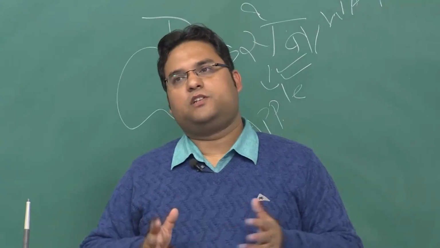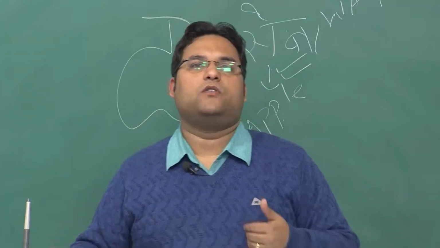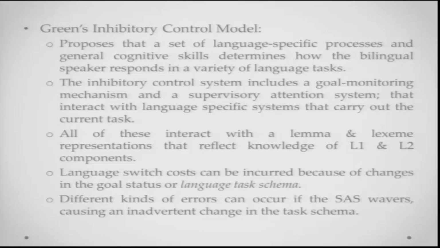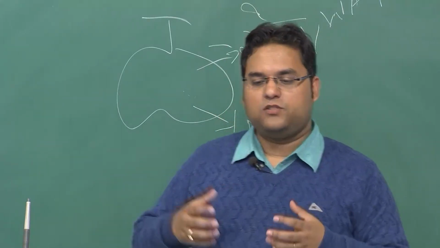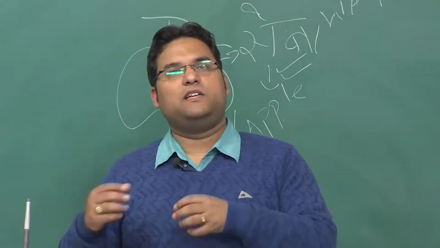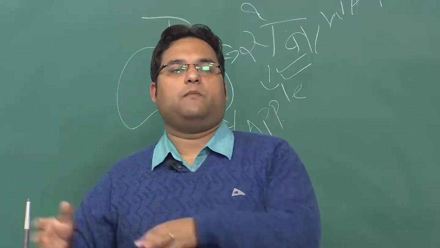Another model which talks about this aspect of control a little more directly is David Green's model of inhibitory control. David Green's inhibitory control model proposes that a set of language specific processes and general cognitive skills determine how the bilingual responds in a variety of language tasks. So, this model takes the view that performance of bilinguals in different tasks will vary according to the task parameters.